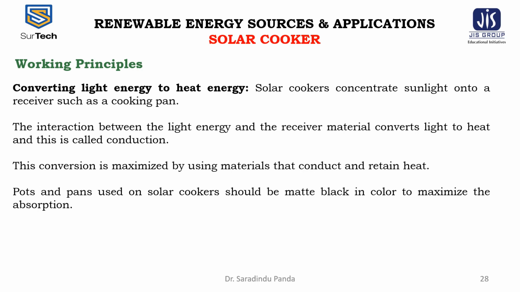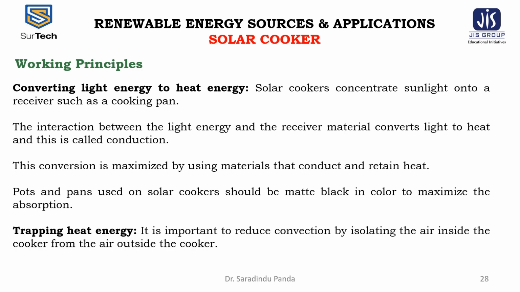Pots and pans used on solar cookers should be matte black in color to maximize the absorption. Trapping the heat energy is important to reduce the convection by isolating the air inside the cooker from the air outside the cooker.